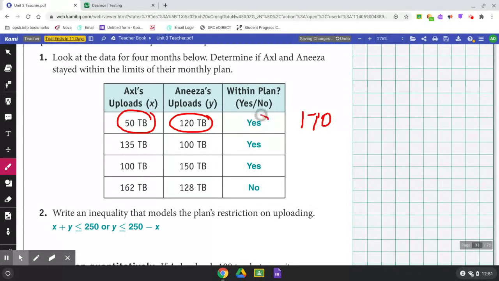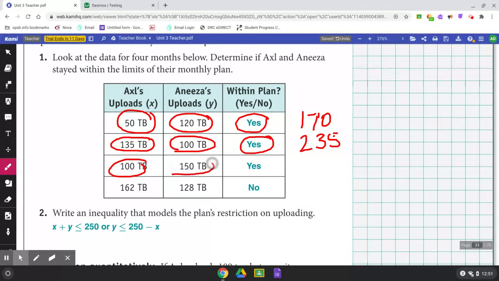Yes, it is. So it's within the plan. 135 and 100 would be 235. Is 235 250 or less? Yes. 100 and 150 is 250. Is 250 250 or less? Yes.